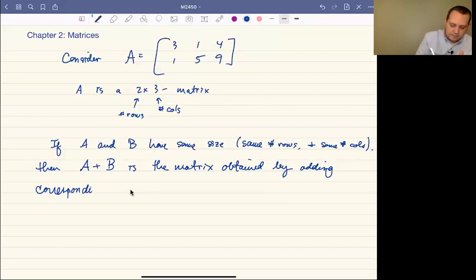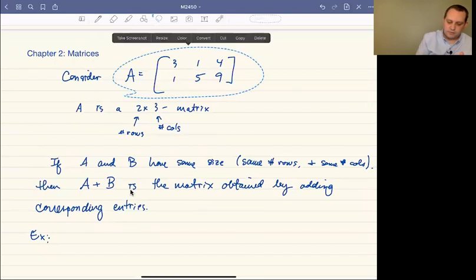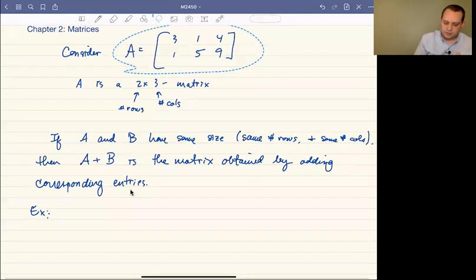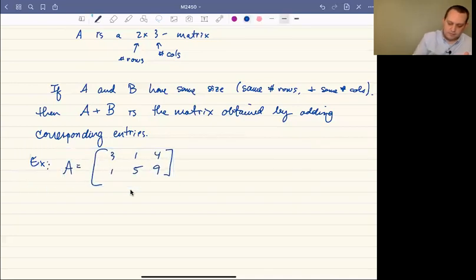So what I mean by that, let's just do an example. Let's say that we have A, which is this matrix above here, and B is going to be the matrix 1, 2, negative 1, 3, 0, 1. Then A plus B is going to be the new matrix.